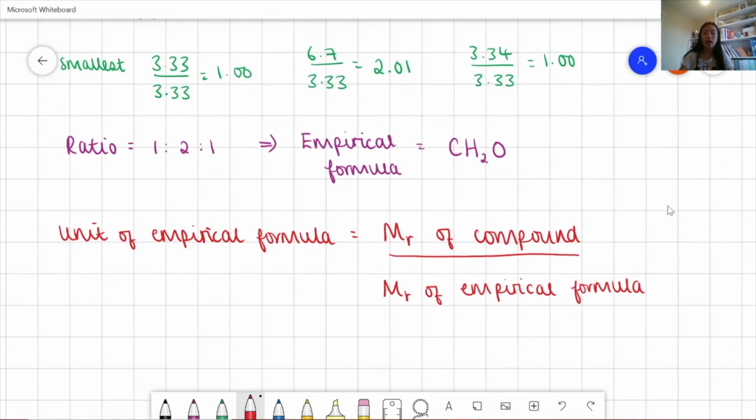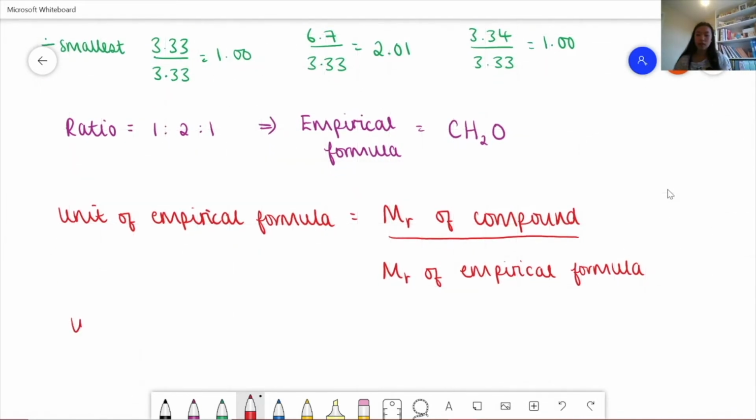And so the unit is equal to MR, which was 60, divided by the MR of this compound with the empirical formula.